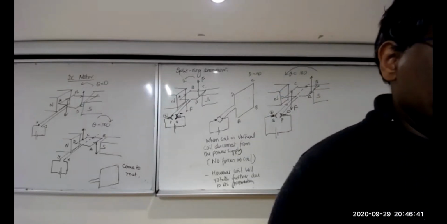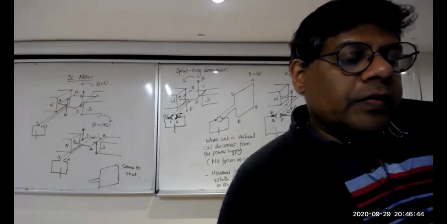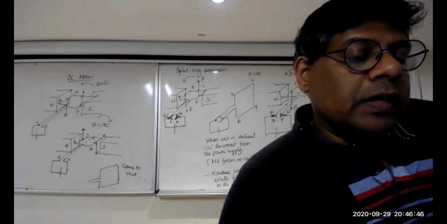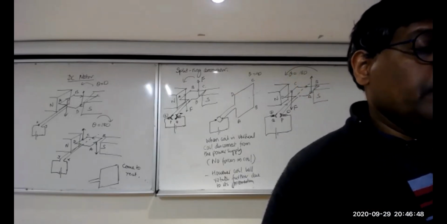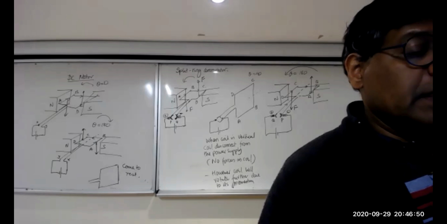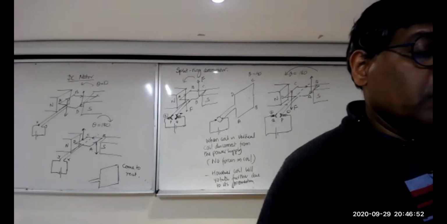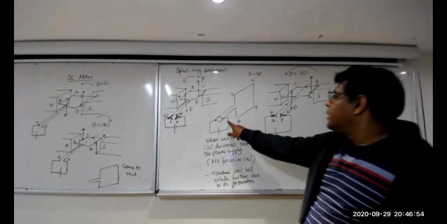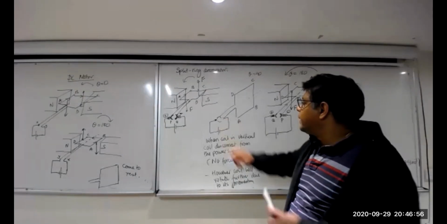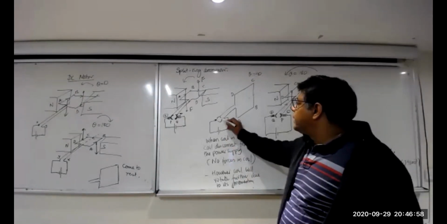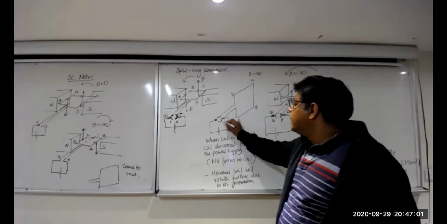Okay. Where are the forces acting when the coil is vertical? There are no forces because momentarily there is a disconnection. There is no current flow, because your gap is aligned with the brushes, so there is no electrical contact.